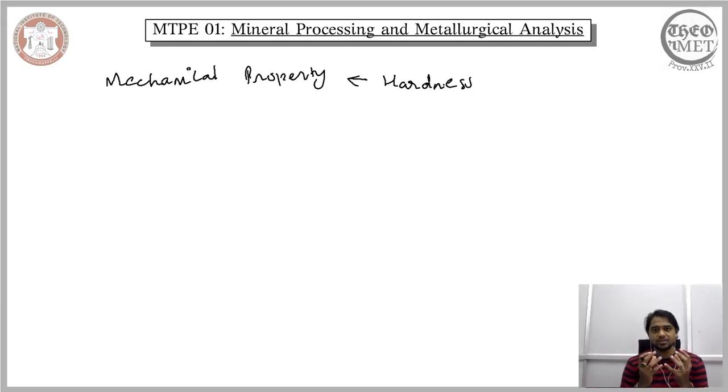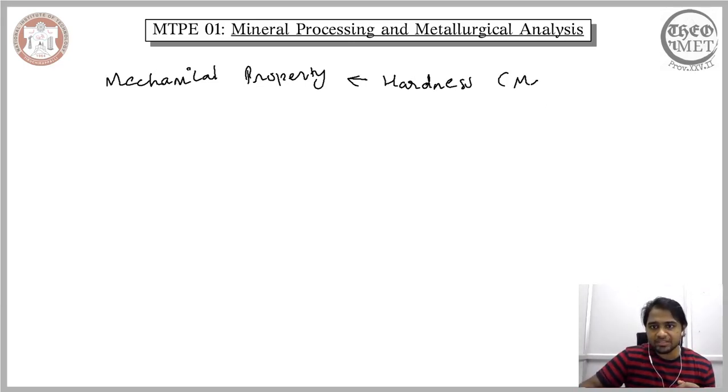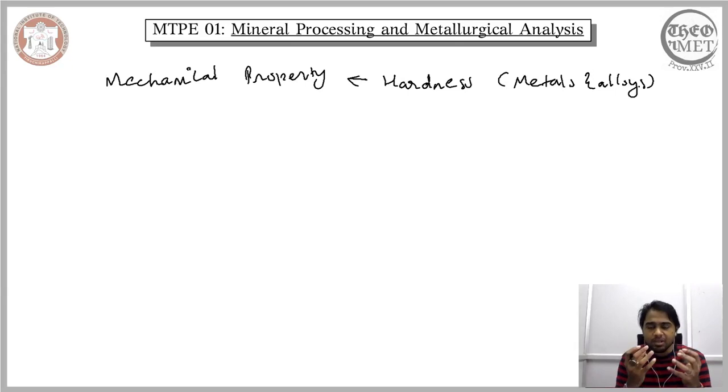So hardness, in general terms, if you are considering metals and alloys, is nothing but the resistance offered by a metal or an alloy to a local load. You impose a local load, and the material offers a resistance to permanent deformation. The local load wants to permanently deform your material, and the resistance offered by the material is what we refer to as the hardness.